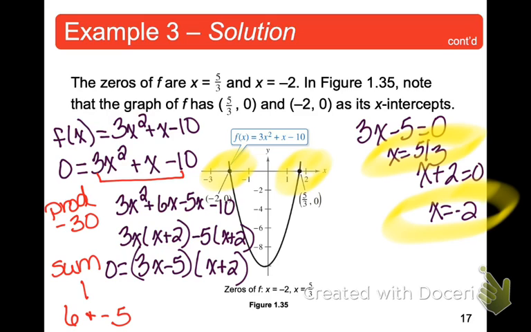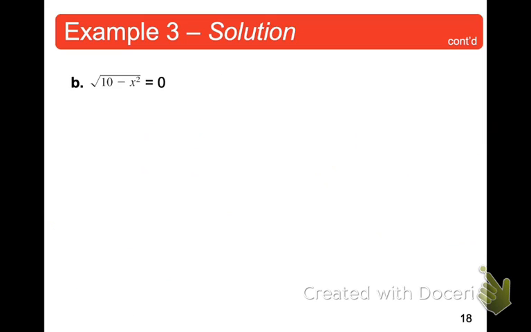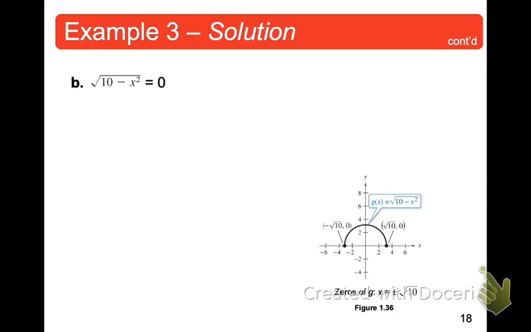Okay, our next one. Okay, where's my graph? There's my graph. Down here in the corner is the graph of this function. We're only talking about the above portion of this because we've got the square root.